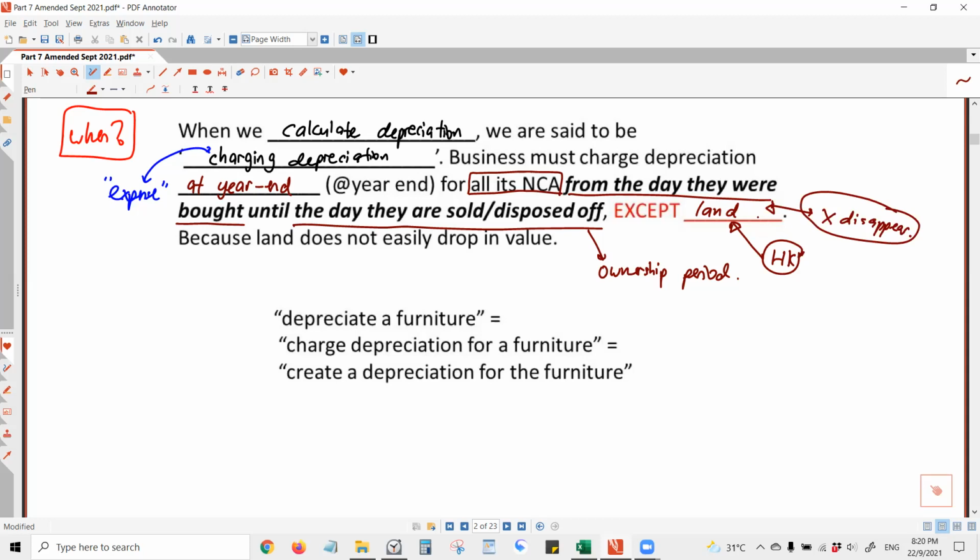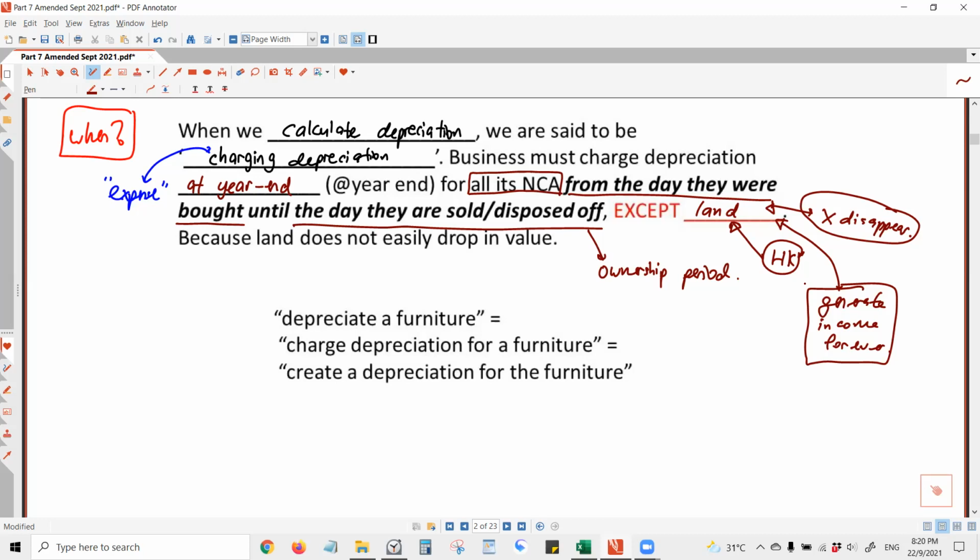So we can say that once you have bought a piece of land, it can help you to generate income forever. And since the income that you can generate from using the land is forever, that means you don't have to match it against expense, because once you have bought it, you can use it forever.